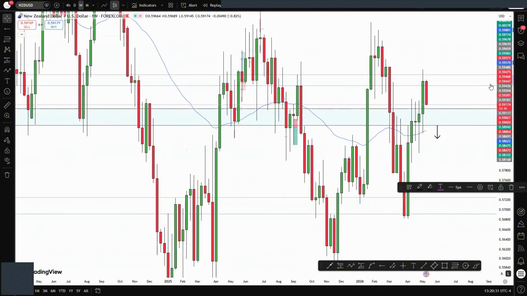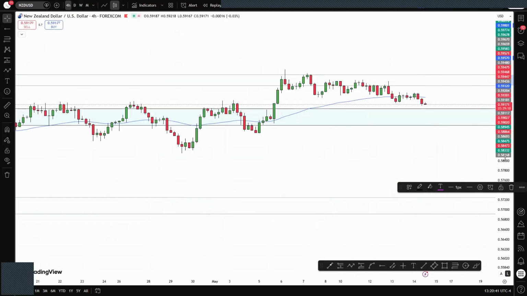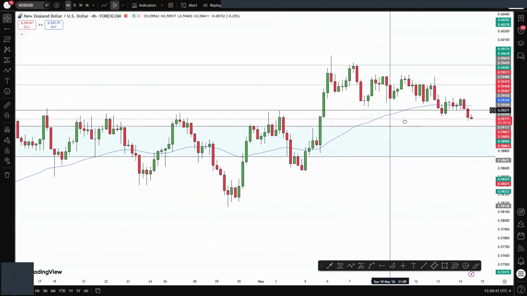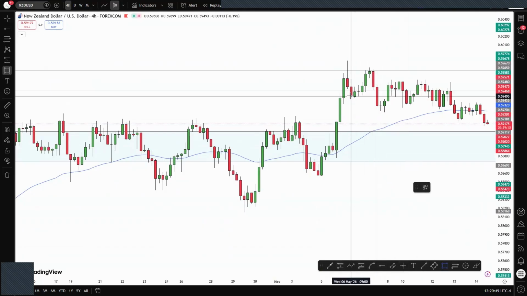But the reason why I didn't sell this, even though the weekly didn't break above the OG level, is because the daily was bullish. And remember, as I told you, everything has to be in sync. And it gave a very nice entry.